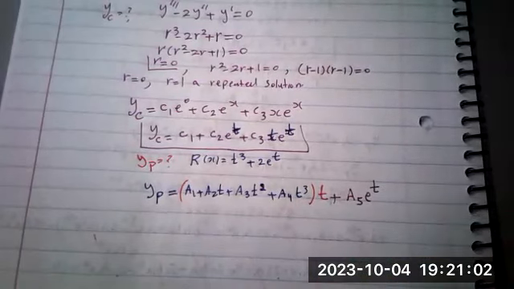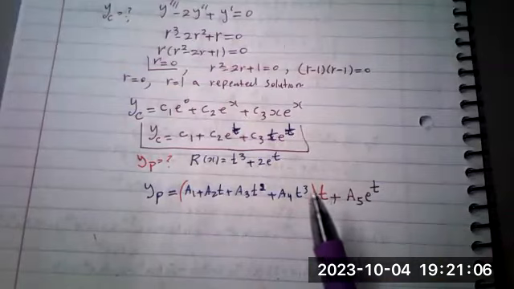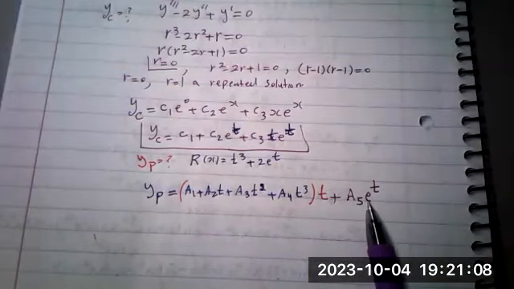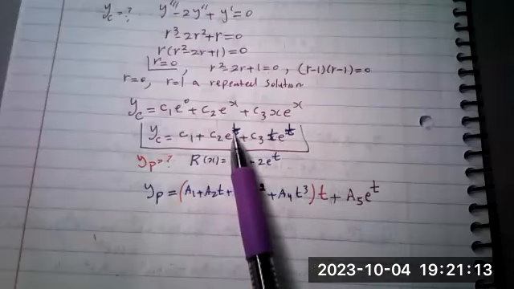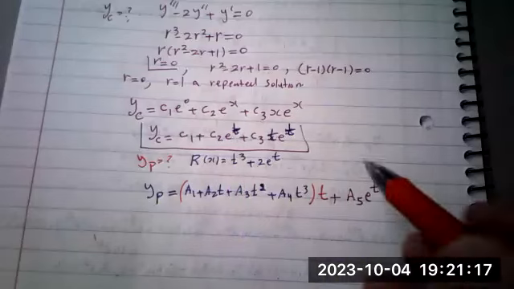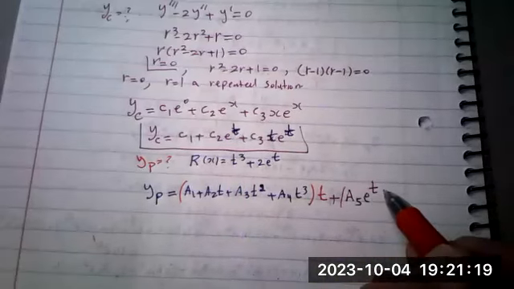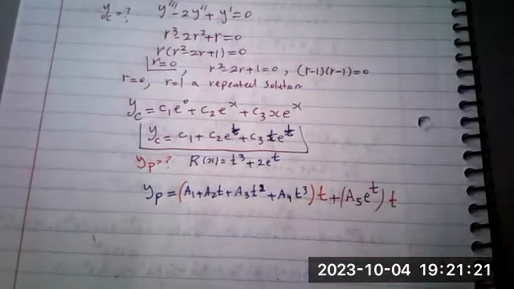Just starting, you check it for duplicated terms. A constant times e to the t, a constant times e to the t. So it's duplicated, so you have to multiply by t.